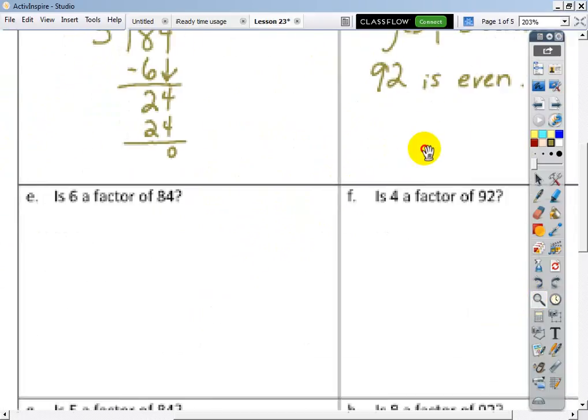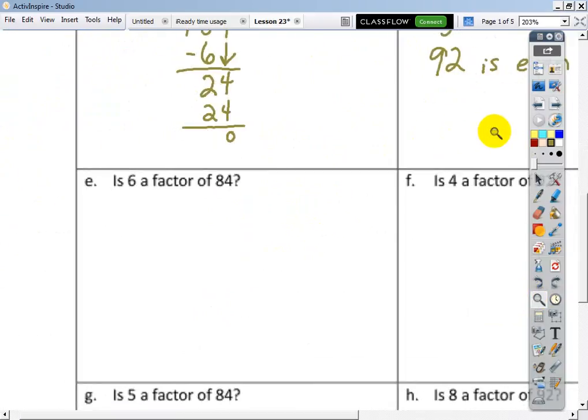Let's go to the next one here. Is 6 a factor of 84? Well, let's prove it with long division. Let's put 84 in the house and see if 6 will go into it. 6 goes into 8. Closest I can get is 1 time. Subtract, I get 2. 2 is smaller than the divisor, so we're good.